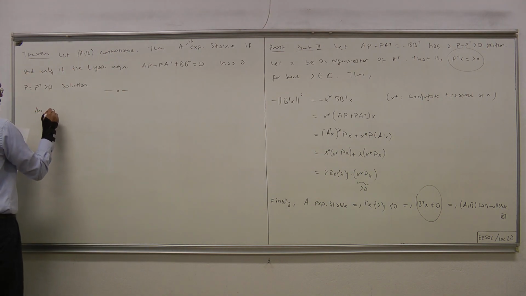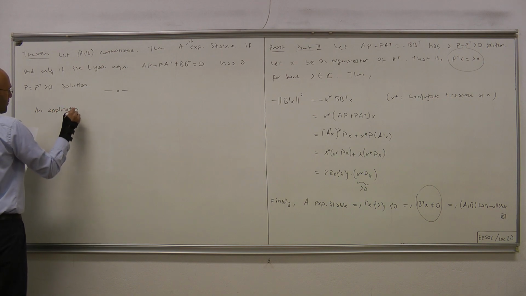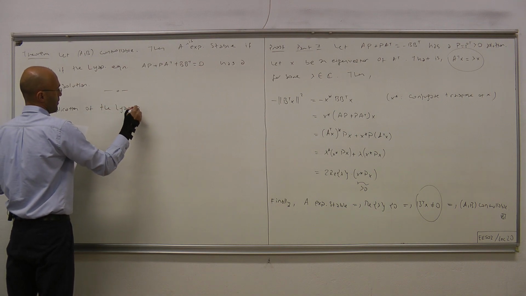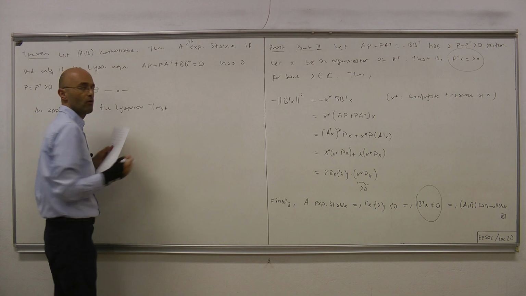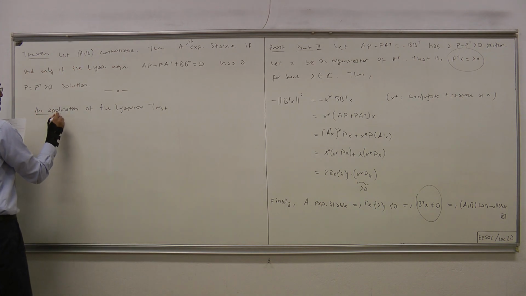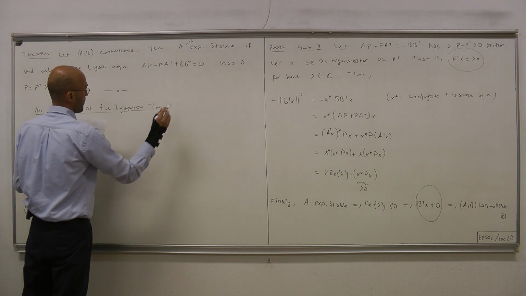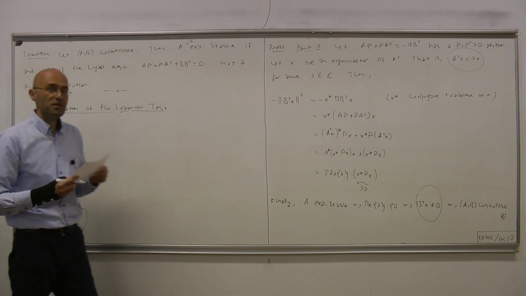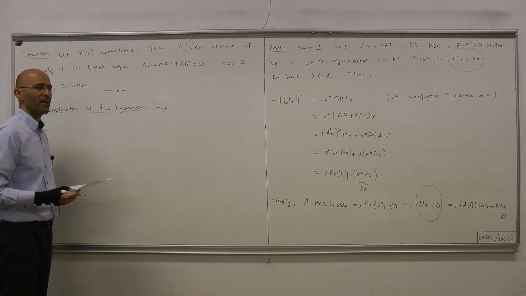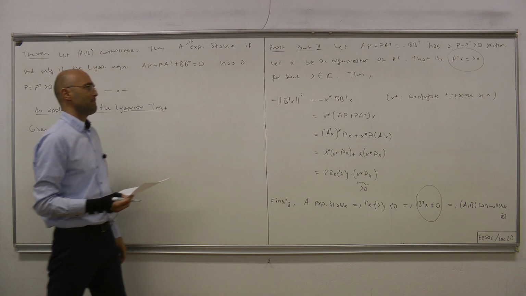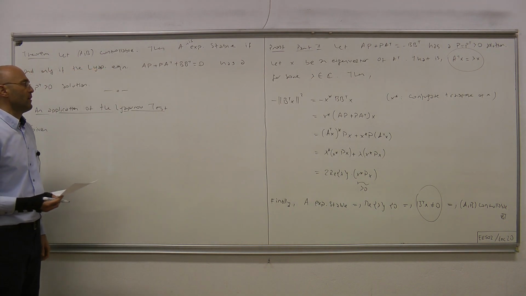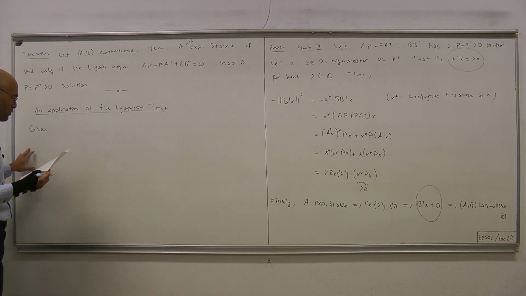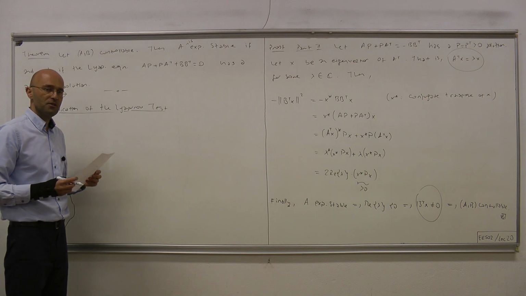Using the Lyapunov test, we want to construct a state feedback law under which the origin of the system becomes exponentially stable. So we start with a controllable system.